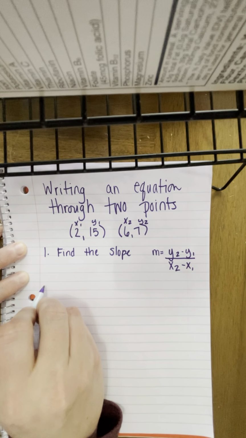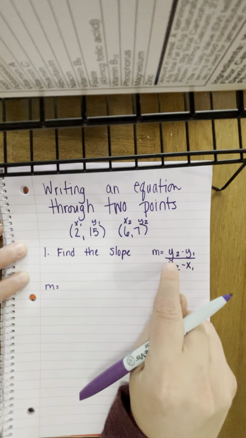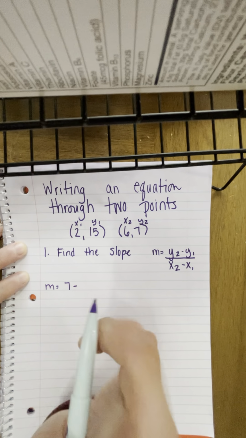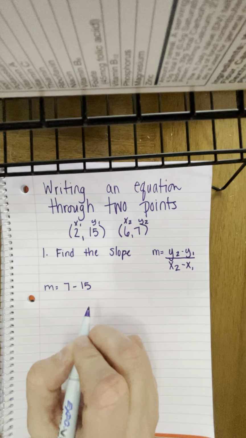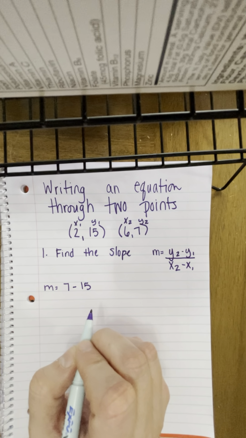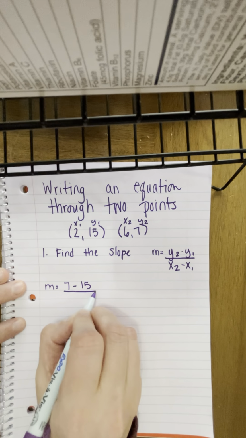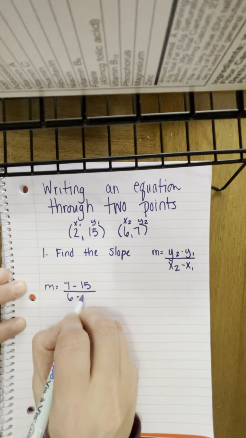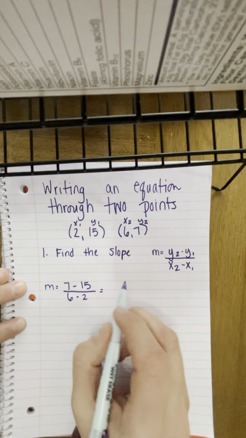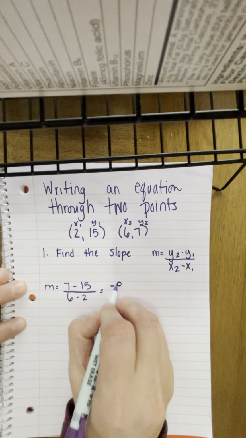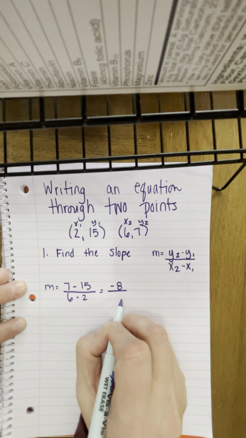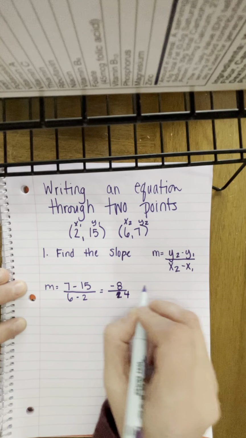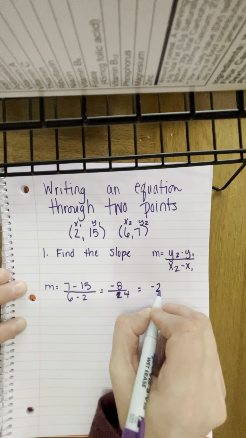So m equals y2, 7, minus y1, 15, over x2, 6, minus x1, 2. So you end up with 7 minus 15, which is negative 8, over 4, which is negative 2.